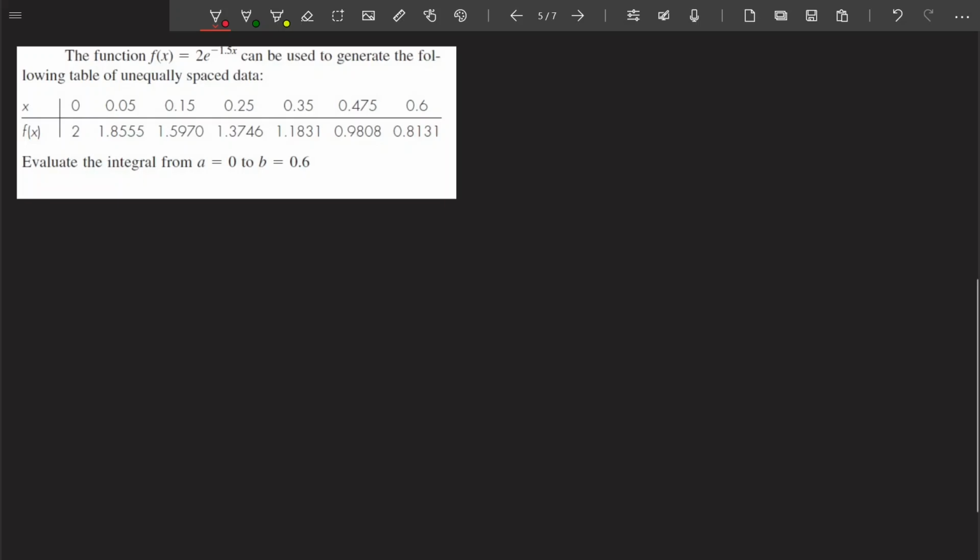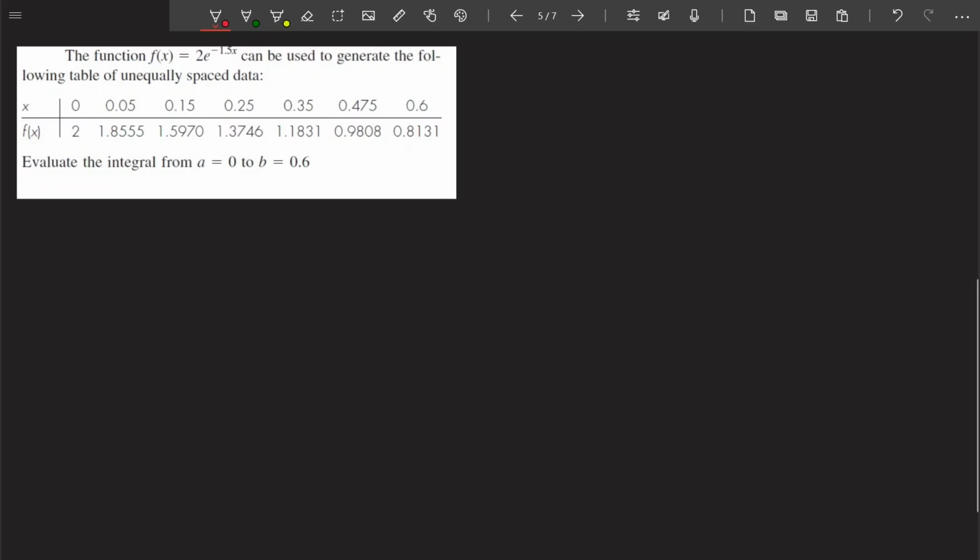Whenever this happens, you cannot apply a single rule. You have to use a combination of multiple rules. In some places you are going to apply the trapezoidal rule, in some places Simpson's one-third rule, and in some places Simpson's 3/8 rule.